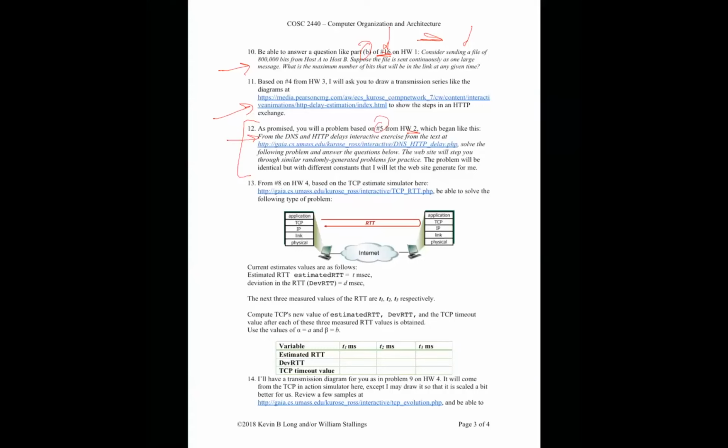So if I go to the DNS HTTP website, one reason why I'm using a lot of these diagrams is because it's really easy for you to go and practice a lot of times, and that's important to me. So let me see where I can get the link. I've lost the link. Here we go. Nope, not that one. Let's see. Here it is right here.